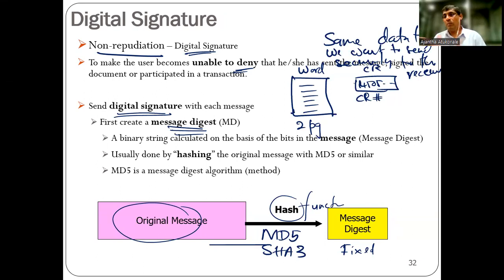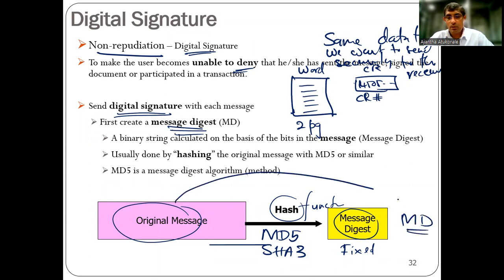These are all public algorithms, right? You don't have to pay someone to give you the SHA3 algorithm. These are known, available codes. This is usually done by hashing it. MD5 is the message digest algorithm. So then we get the message digest. We call it MD, so I'll call it MD here. MD stands for message digest, which comes from the original document through the MD5 algorithm or SHA3.